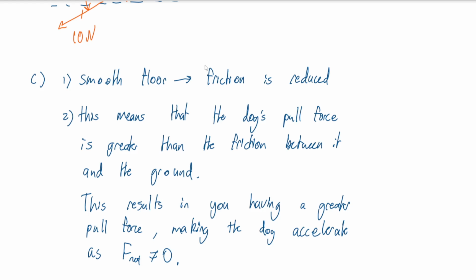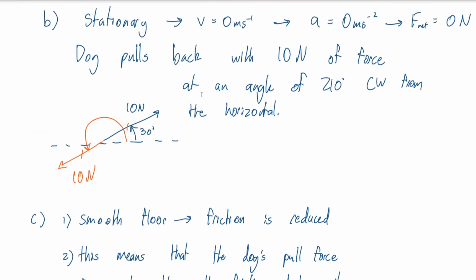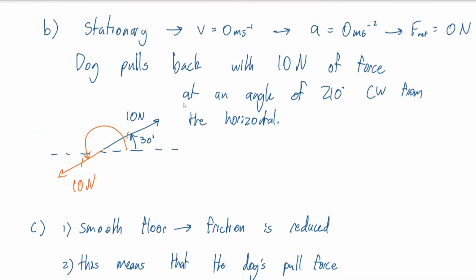And in the case of the dog, unfortunately, there wasn't enough friction for how strong it was. And then that resulted in you having the upper hand, right? You had a greater pull force, making the dog accelerate and move along the ground, since the net force was no longer 0. And this can be reasoned with a vector diagram, for example.